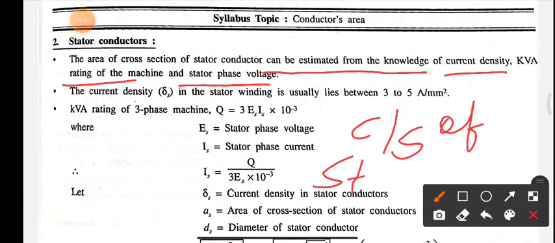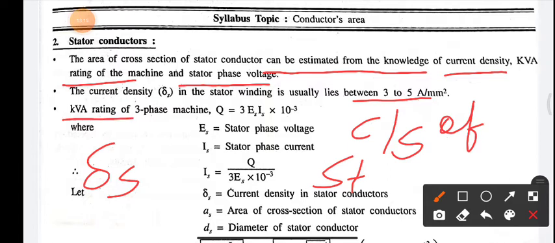Now current density, denoted by delta S, is usually between 3.3 to 5 ampere per mm square. This is the range of the current density for the stator conductors. It should remain in between that, right? This you have to remember, 3 to 5 ampere per mm square.